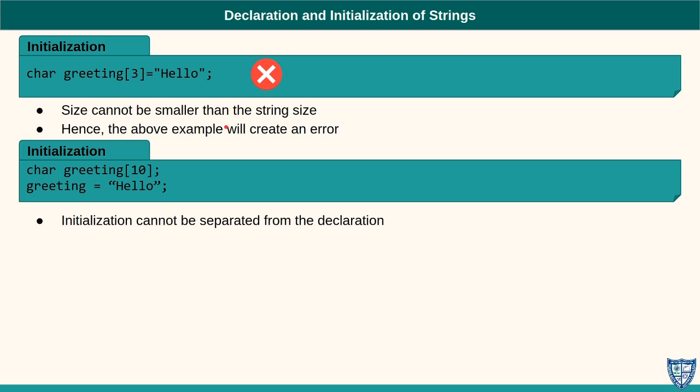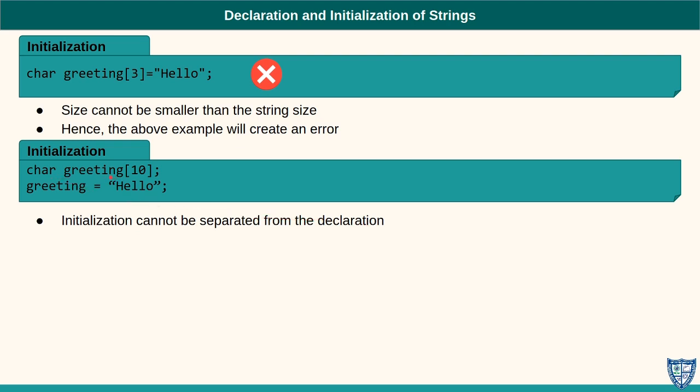One more example. Can we declare and initialize in 2 lines? Like I have declared a greeting array like this, greeting[10], and in the next line greeting = "hello". According to C, initialization cannot be separated from declaration for a string. This can be done for an integer.